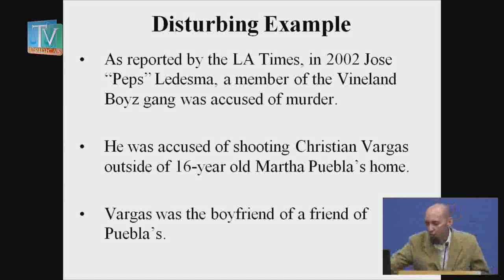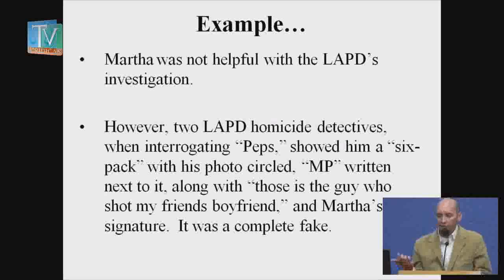It was a terrible situation, but Martha was not helpful with the LA Police Department. So she may have had a sense of who did this, but she didn't identify the shooter. She didn't provide them with any information.